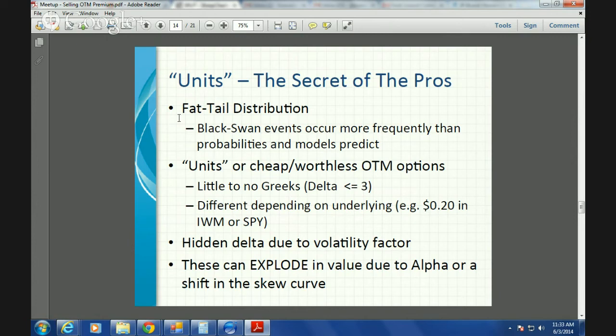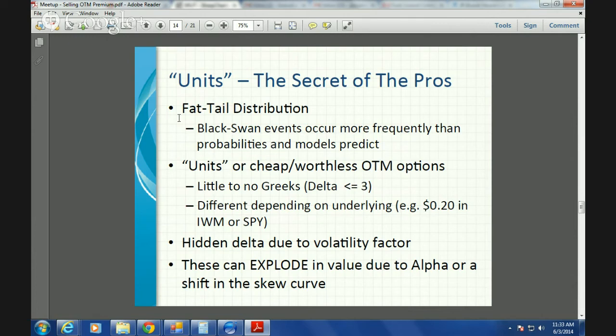The reason these units are important, and the reason that Mark and other expert traders call them the secret of the pros, is because they have a hidden delta due to a volatility factor. This hidden delta can really explode and add value to your position very quickly due to the alpha effect or a shift in the skew curve.